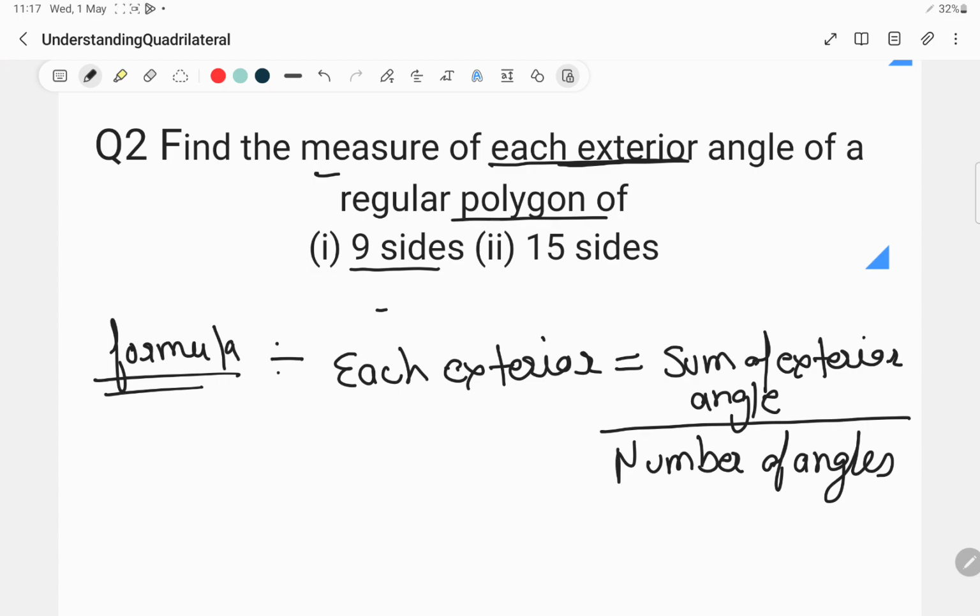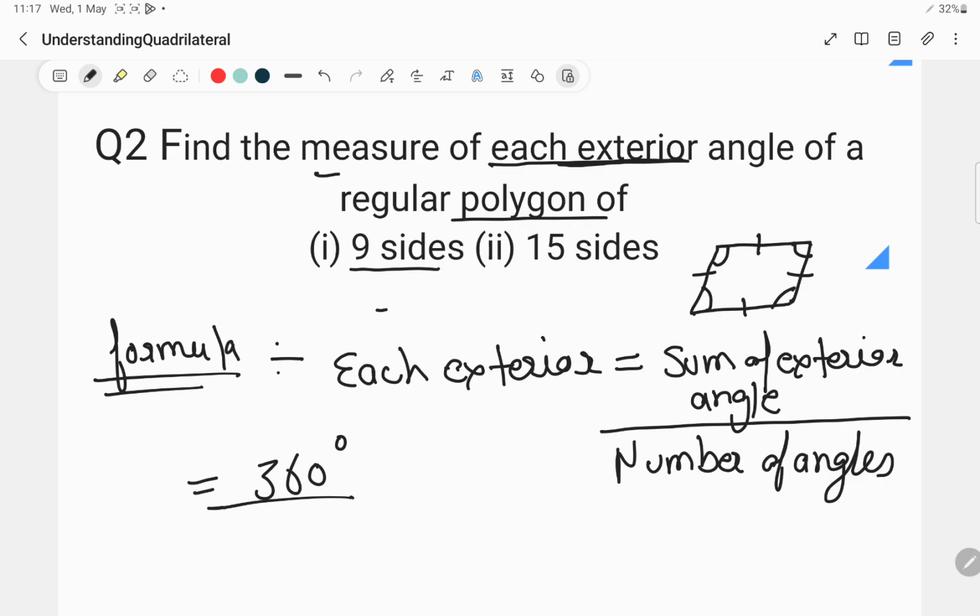We all know that the sum of exterior angles is equal to 360 degrees, and the number of angles will always be equal to the number of sides. For example, if this is a regular polygon, how many sides does it have? 1, 2, 3, 4. How many angles does it have? 1, 2, 3, 4. So always remember, the number of sides will always be equal to the number of angles.